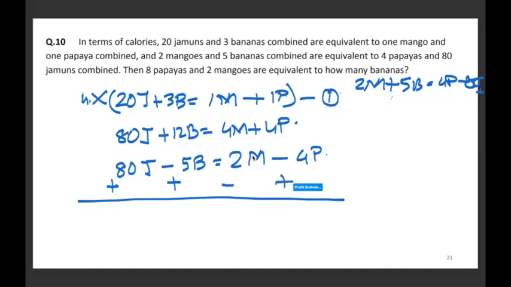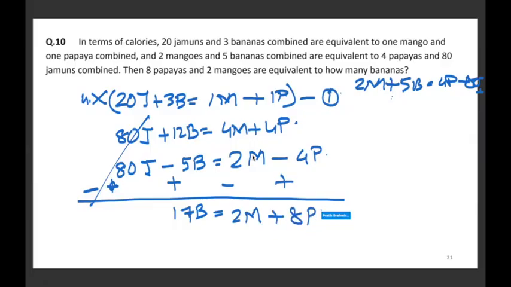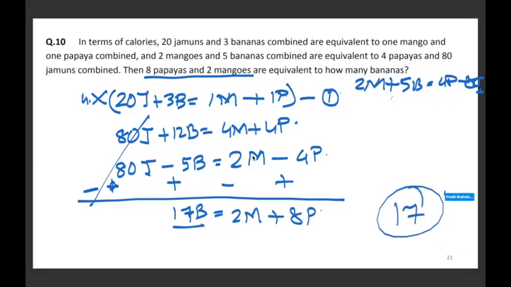Sorry, this will be subtraction. So this gets eliminated. Yahan pe 17 bananas will come. This is equal to 2 mangoes plus 8 papaya, which is what we have to find. 2 mangoes plus 8 papaya is equal to how many bananas? The answer is 17 bananas here. Okay. We'll move to the next one now.